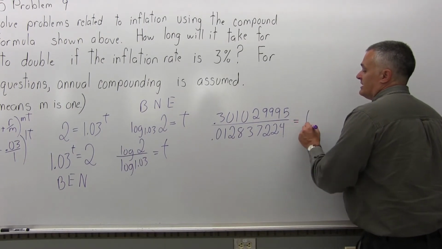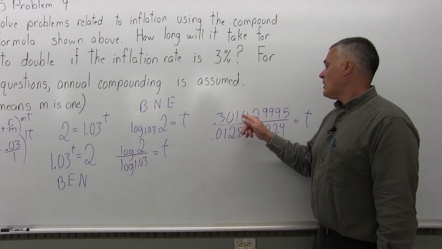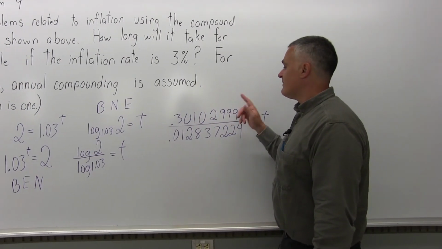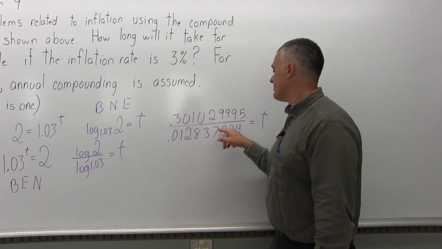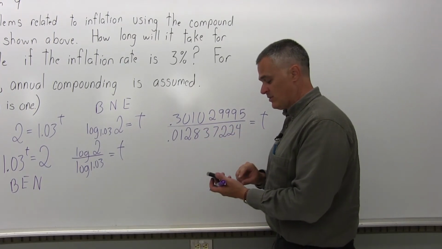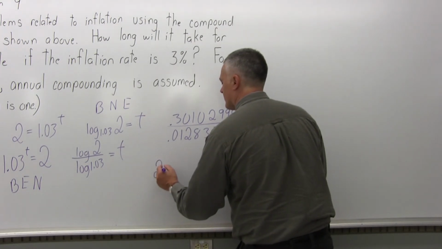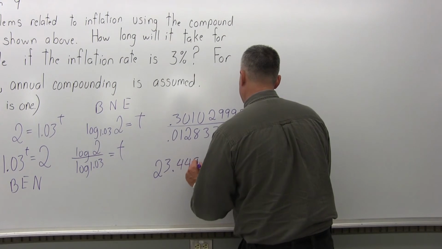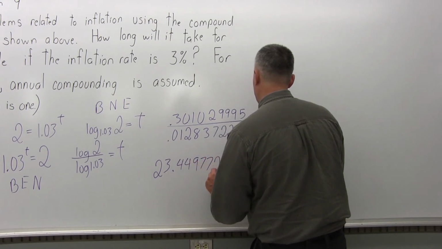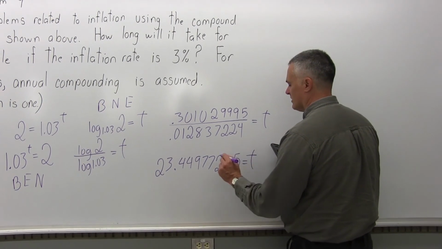And that's equal to t. So I have to divide 0.301029995 divided by 0.012837224, and that's what t will be equal to. So when I do that division, I get 23.449772225, and that's what t equals.